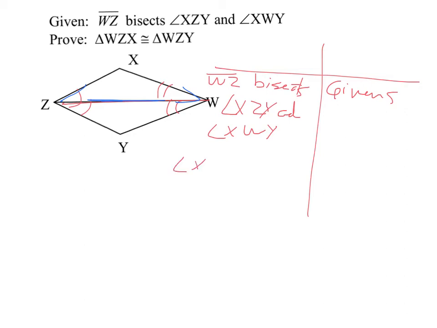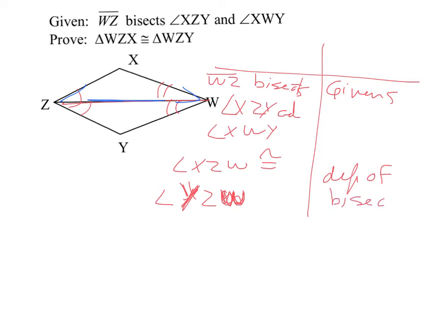So angle XZW is congruent to angle YZW, because definition of a bisector. And the same on the other one.